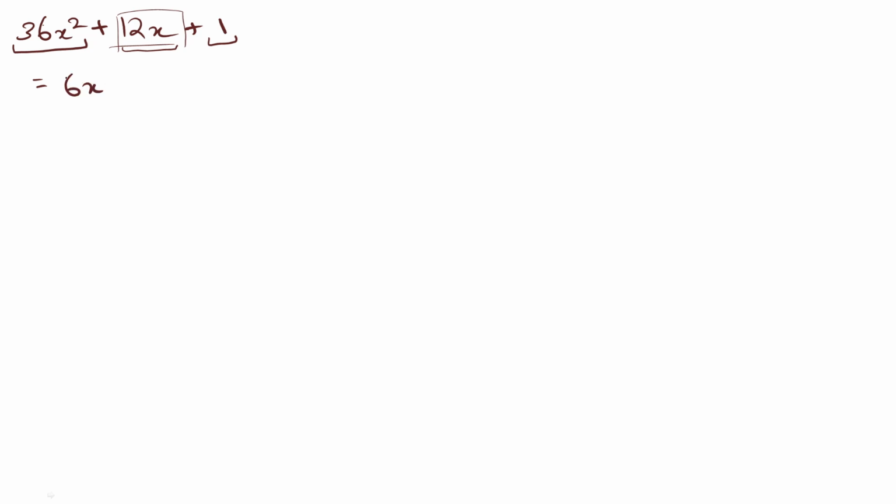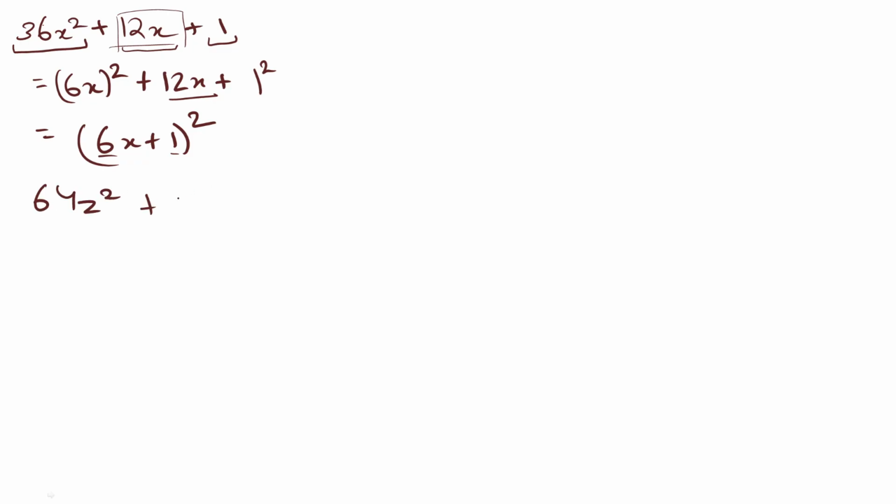So we can write this as (6x) whole square plus 12x plus (1) square, which is equal to (6x + 1) whole square. And let us check if this follows the rule. 6x times 1 is 6x, times 2 is 12x. So we can check this in our heads by this method. Let's do another one.